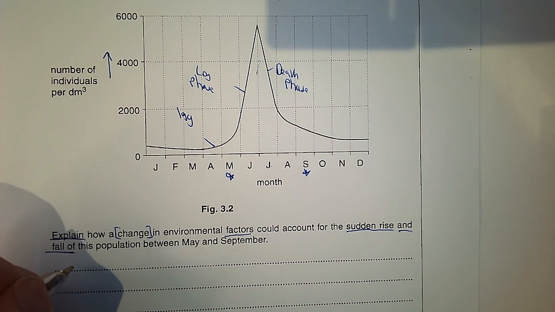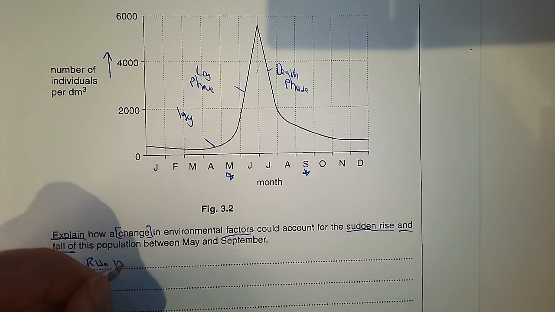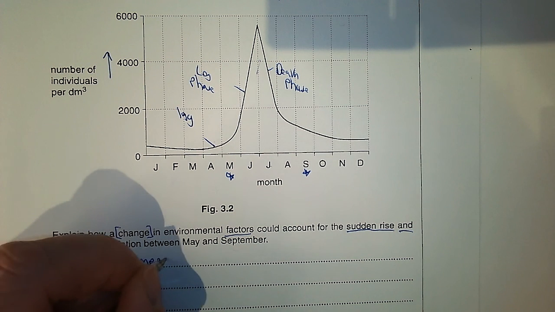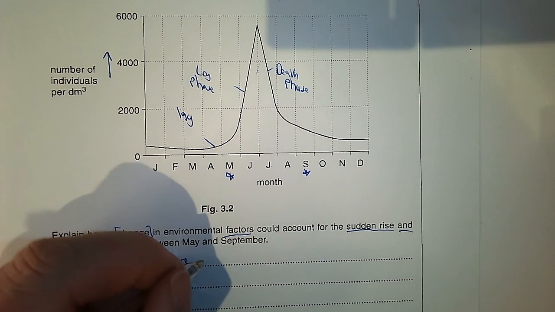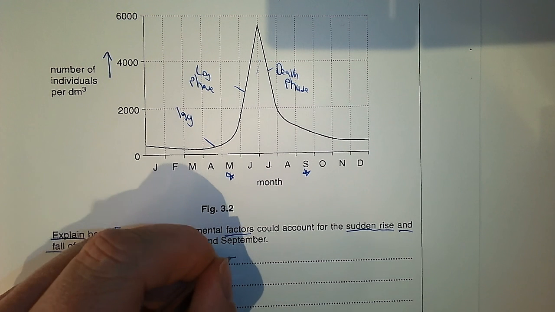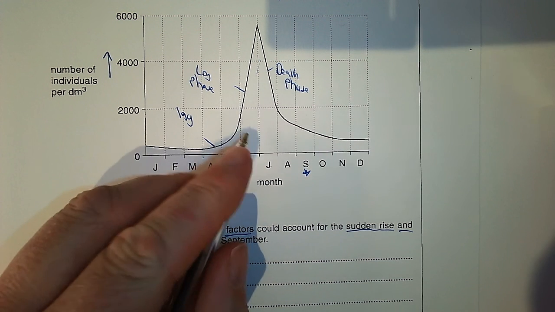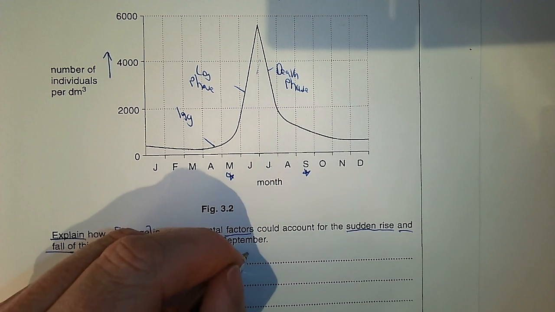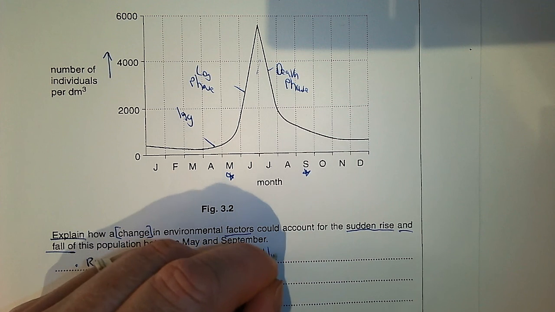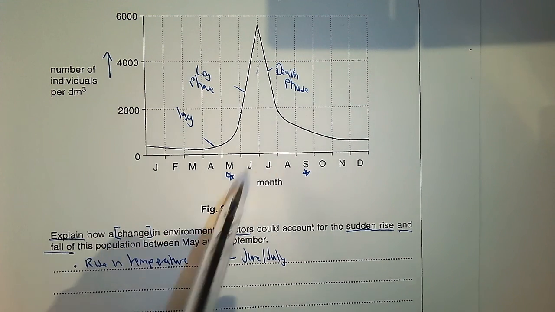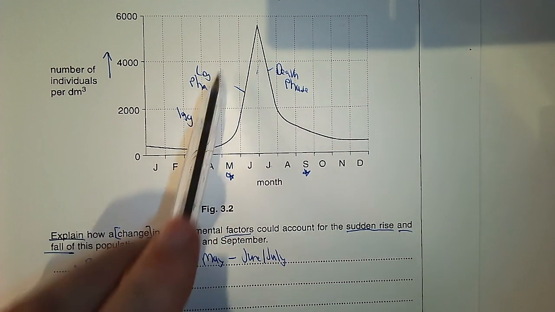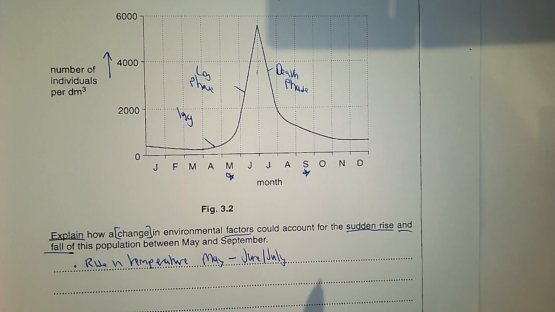So we've got a rise in temperature from May to June, July, and that's going to mean that the enzymes of the photosynthetic organism, the algae, are going to work at an increased rate.